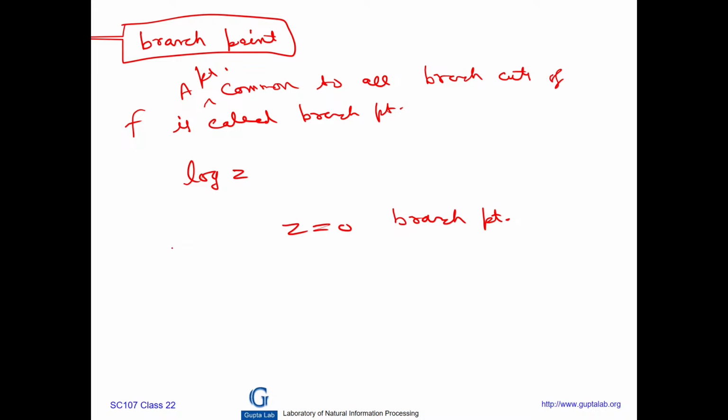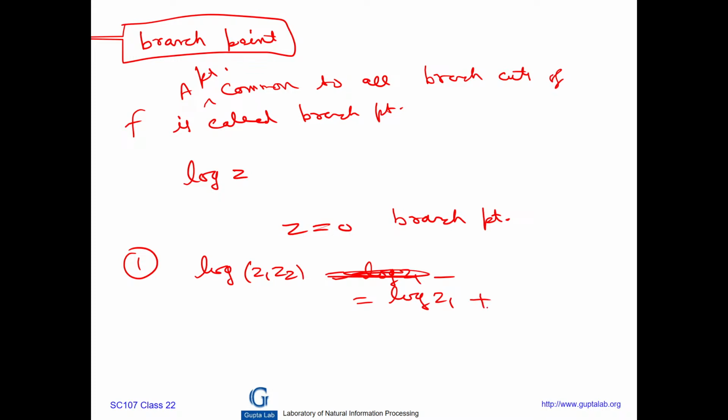And now you see there are certain observations. Number one, log of z1 z2 is what? Log of z1 plus log of z2, right? The normal, but for the principal log, this is not true.